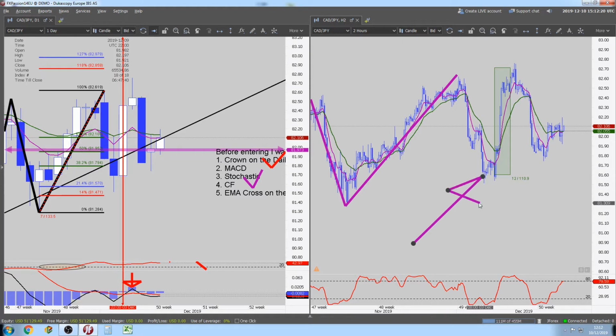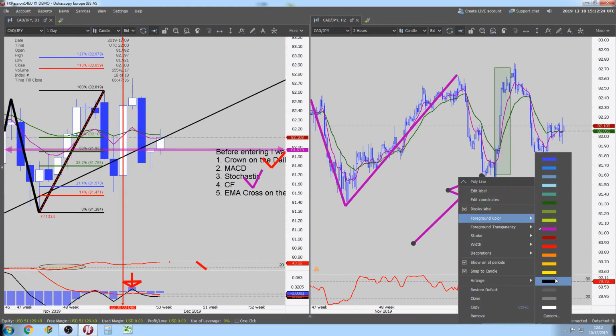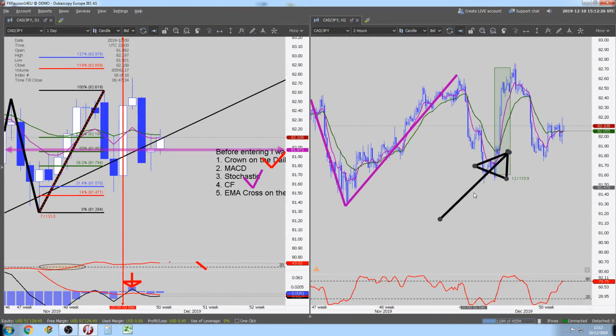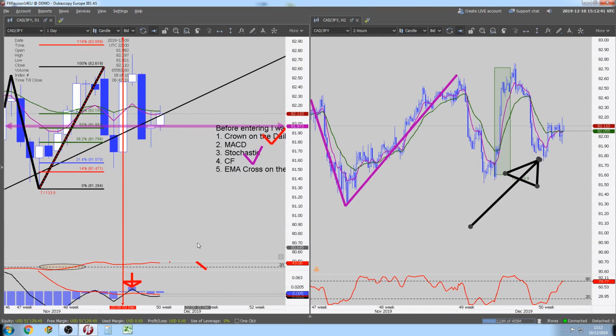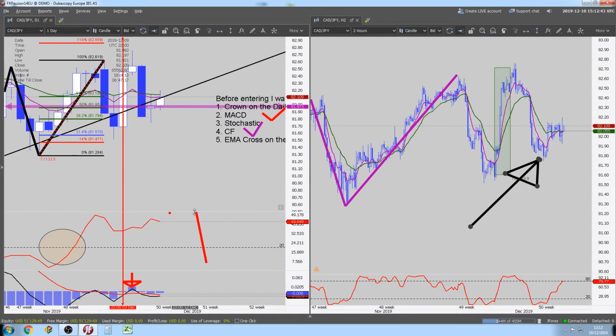If I would enter here, I would enter prematurely according to my strategy, because this is the bullish engulfing candle from the daily chart. So I need to wait for another signal. And again, before I'm going to enter, I need to check. So no entry for me here.